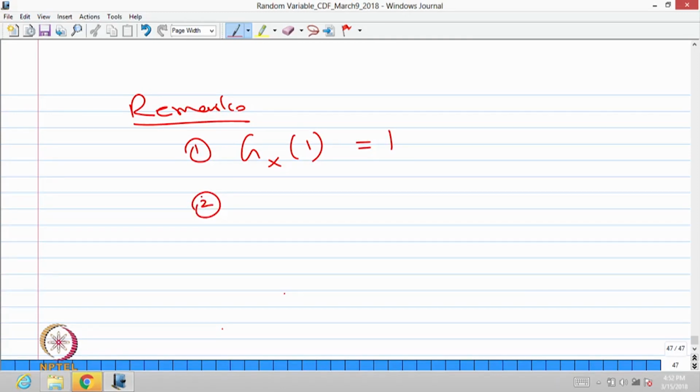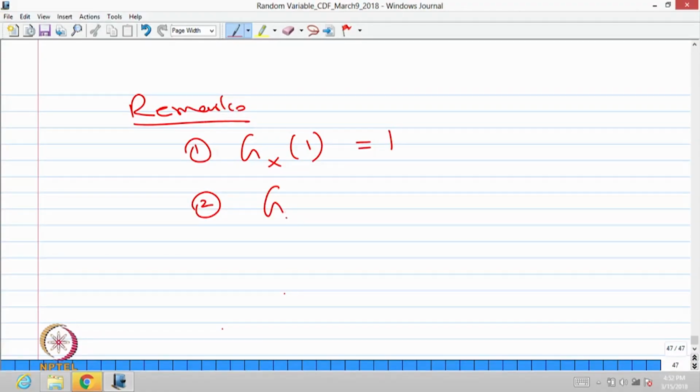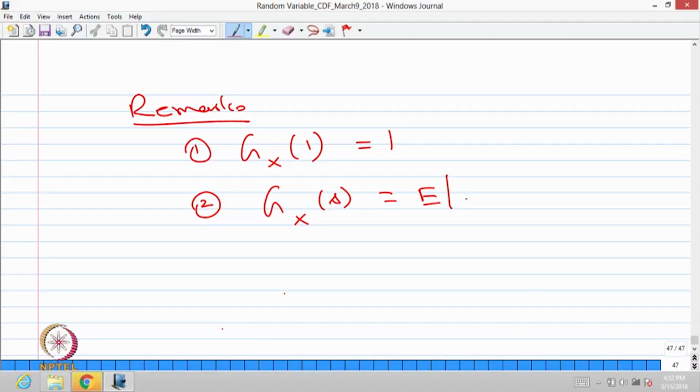The second remark, you can relate a probability generating function with the expectation of a function of random variable. That is, the probability generating function of x is same as the way it is a summation of probabilities multiplied by s power k. One can write it is nothing but expectation of s power random variable x.